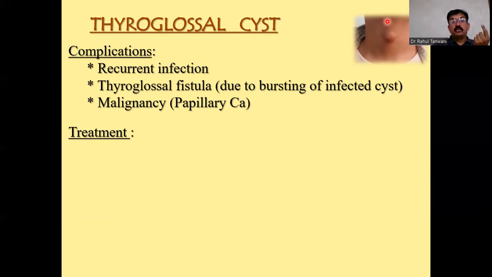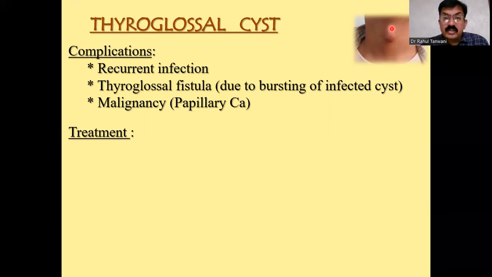So you have to remove the cyst along with the whole thyroglossal tract up to the base of the tongue, the whole tract. But unfortunately, even that is not enough. Sometimes a small part of that tract passes through the hyoid bone.